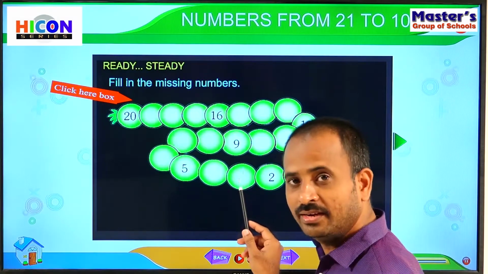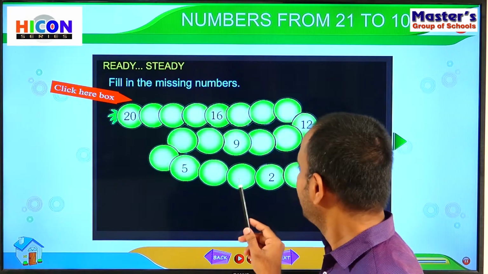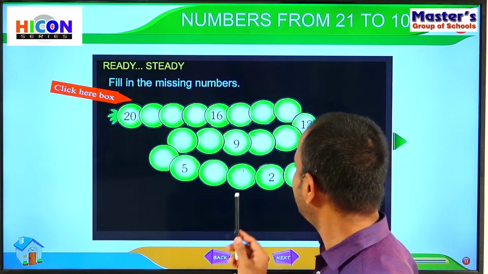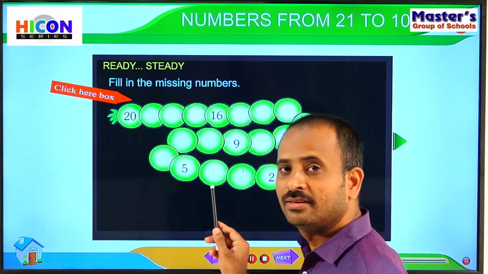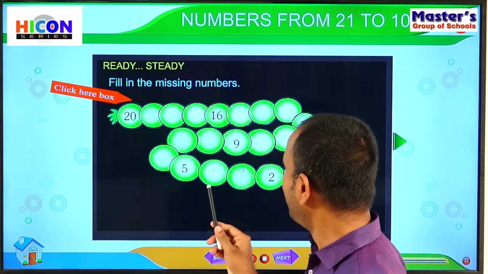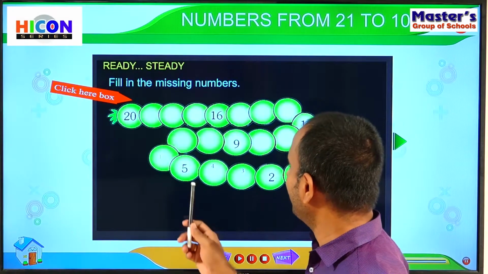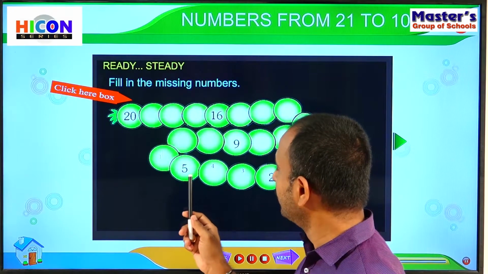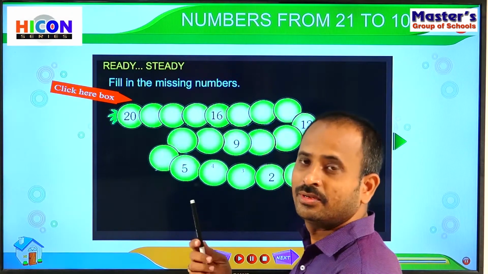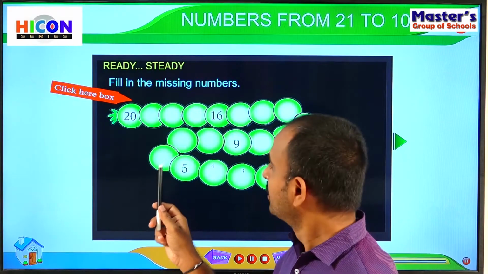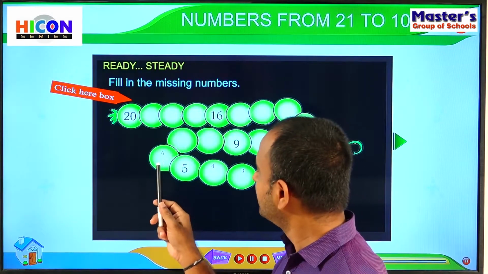After 2 we will get, yes, very good, 3. Write 3 in this box. After 3 we will get 4. Very good. Write 4 in this gap. 5 is already given. After 5, what is the number? Yes, very good, 6. Write 6 in this.